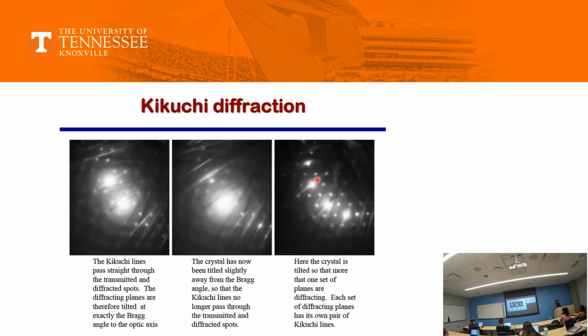When your light is falling and there are atoms there, it is diffracting in a particular direction. It is diffracting from a particular set of planes and creating a diffraction spot. But at the same time, it's an electron beam, and it can also interact inelastically.